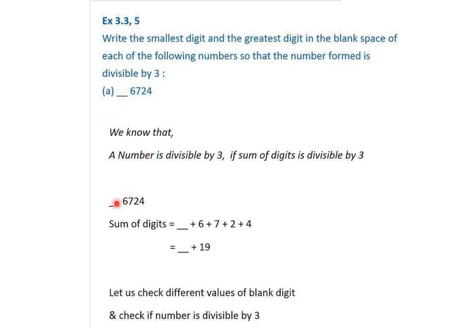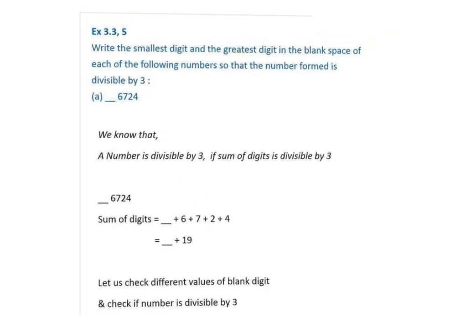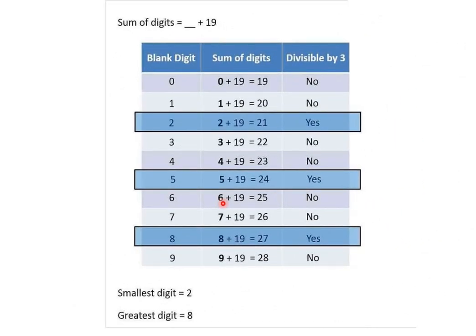So when 6 plus 7 plus 2 plus 4 was done, we got the answer 19. This 19 is not divisible by 3. We need a number which could be divisible by 3. So let's see. After taking all numbers from 0 to 9 in the sequence and adding them to 19, we got 19 when added with 0, 20 when 19 is added with 1, and so on till 9.